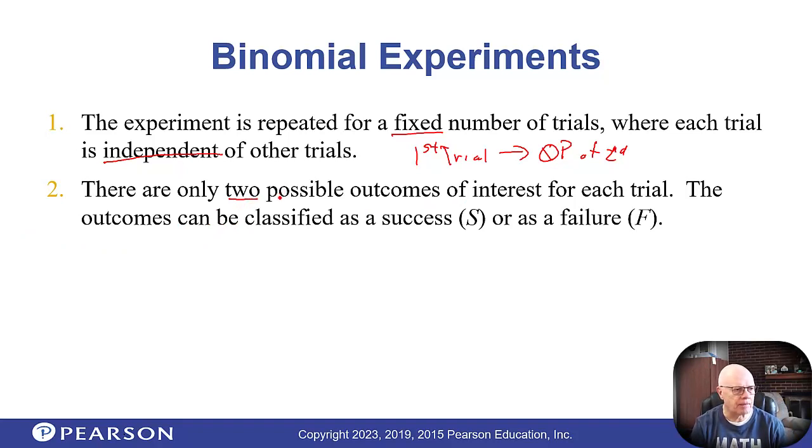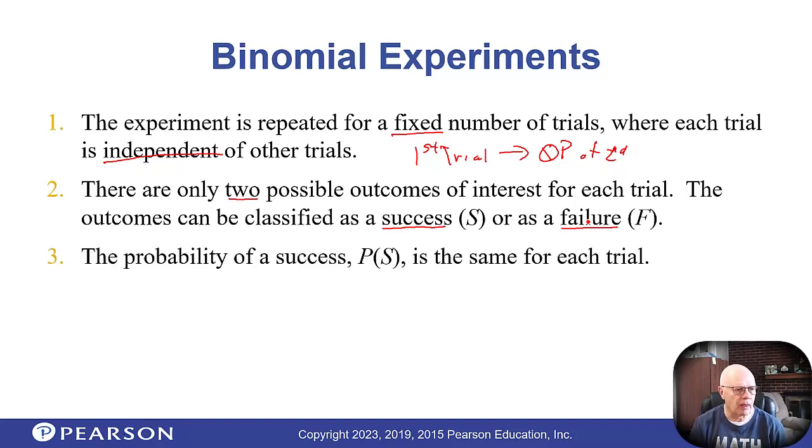Although this is a little bit unusual at times, we're going to call one of those outcomes a success and one a failure. It's not a judgment, it's just a choice, one over the other. That way you know what you're interested in and what you're collecting. The probability of success is the same for each trial.